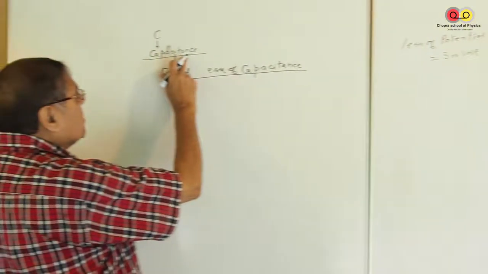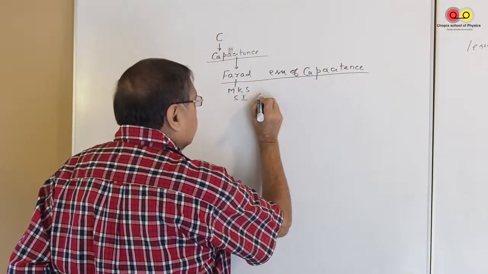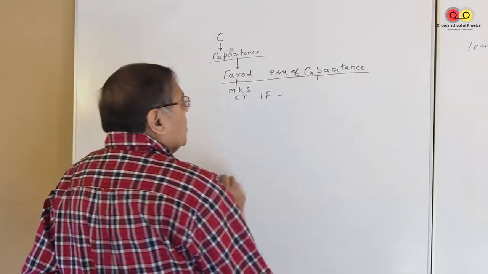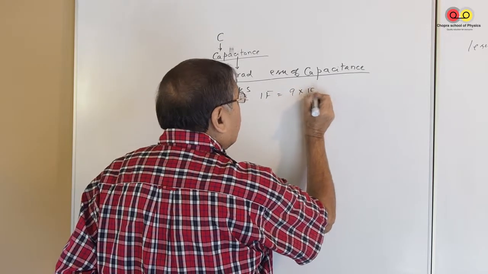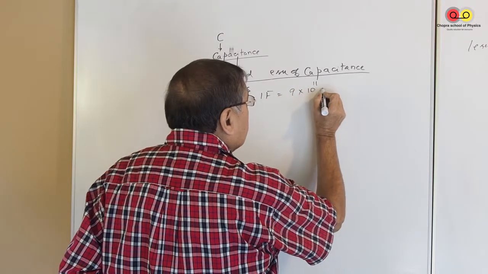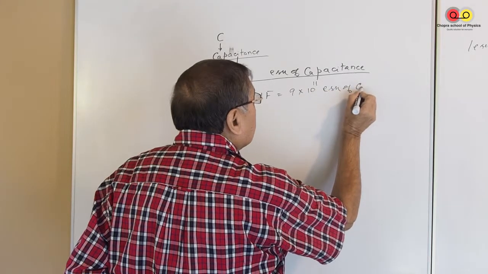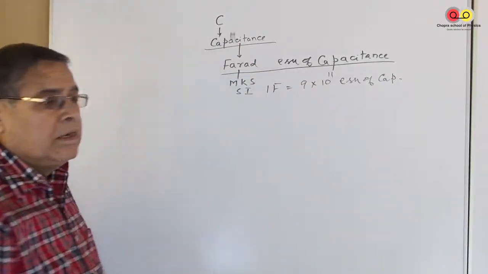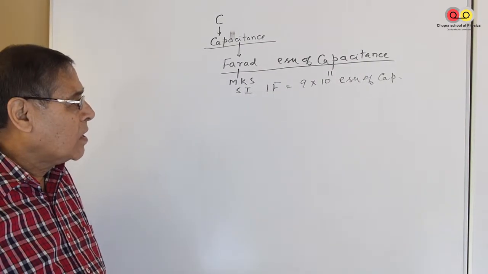Now capacitance is given by this function, and 1 farad equals 9 into 10 to the power 11 electrostatic units of capacitance. This is a relation between the MKS and the CGS units.